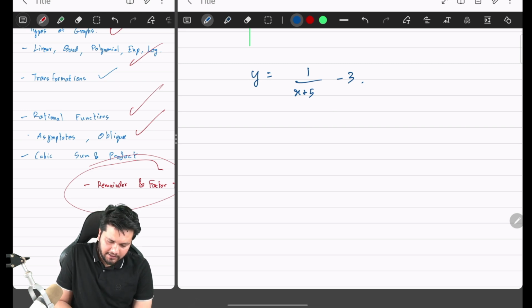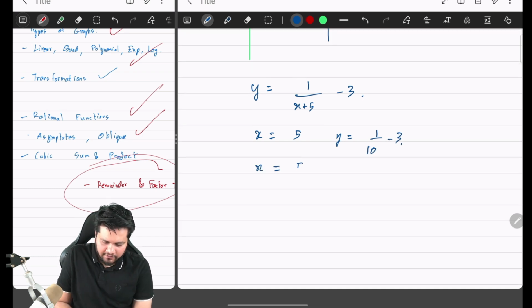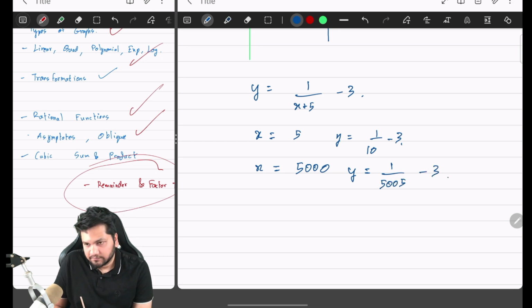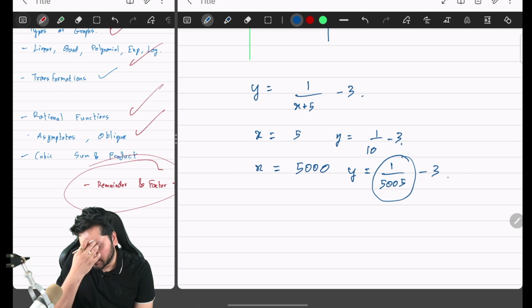Meaning, if I put x is equal to, let's say, 5, here y would be 1 by 10 minus 3. Still there is a certain value for it. But if I put x is equal to 5000, then y would be 1 upon x plus 5, so 5000 plus 5, 5005, minus 3. Now this is a very small number, almost 0, I can say.